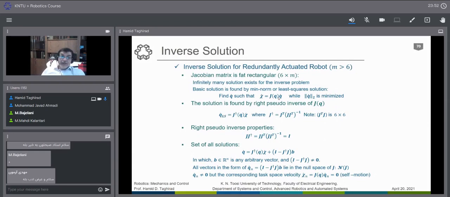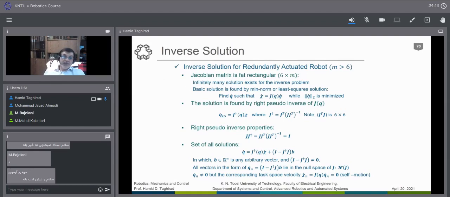Among this infinite number of solutions, we pick one solution which is usually, in some sense, the best, and in some sense means that we can have some optimization cost function to minimize.